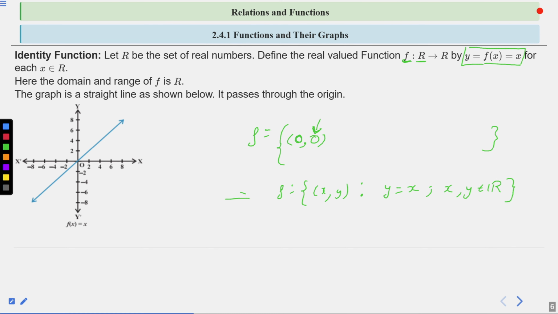Is it clear? This set builder form. So now if you try to form roster form, the ordered pairs will look like (0, 0), (1, 1), (2, 2), or (0.5, 0.5), and so on.